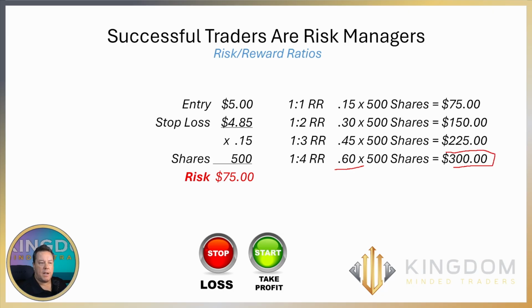That's a $300 gain. Now, if we doubled this, let's say we were doing 1,000 shares, this bottom one would then be $600. So again, our whole point is to focus in on the 1-to-1, but hopefully a little bit better, really at a 1-to-2, 1-to-3, or 1-to-4 risk to reward ratio.